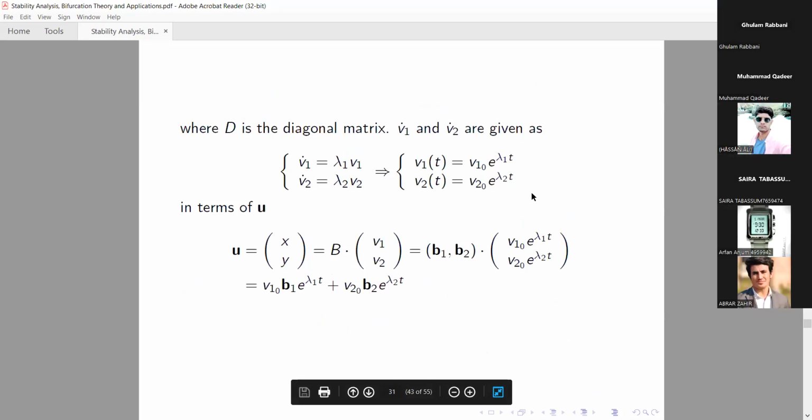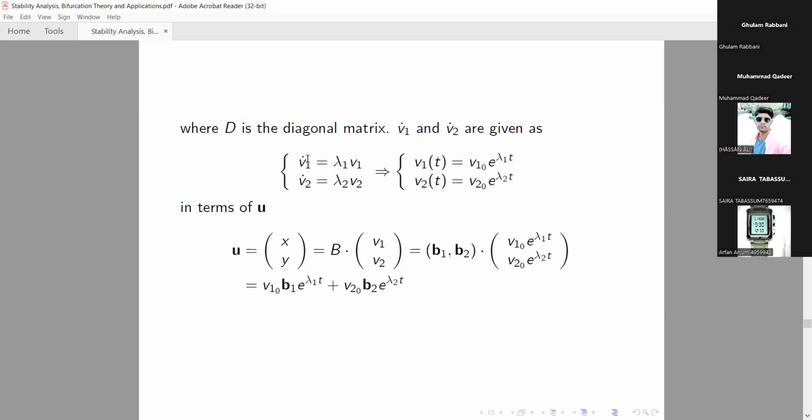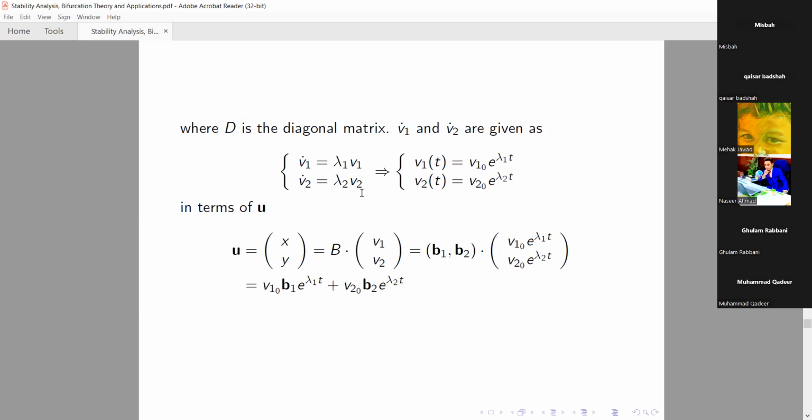So the solutions of v1 dot and v2 dot are given by looking at each individual line. v1 dot equals lambda 1 v1, which therefore gives v1 of t equals v1 naught e to the power lambda 1 t. v2 dot equals lambda 2 v2, so v2 of t equals v2 naught e to the power lambda 2 t.